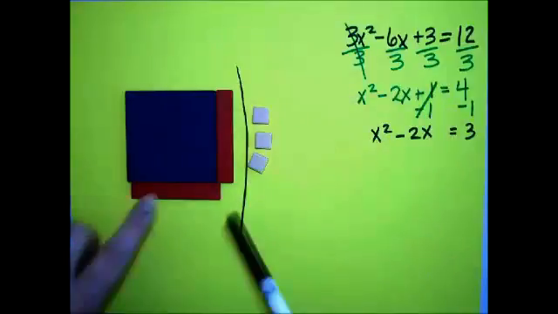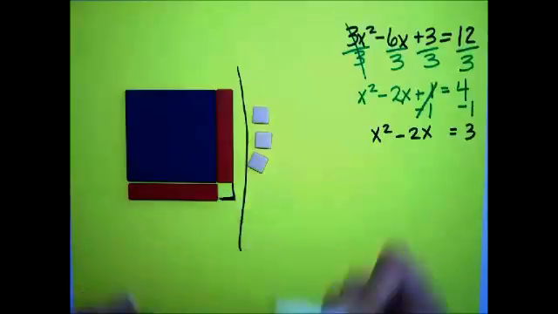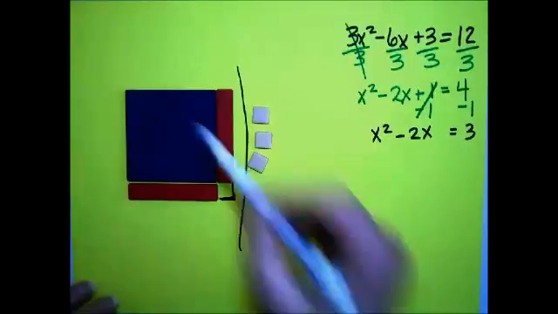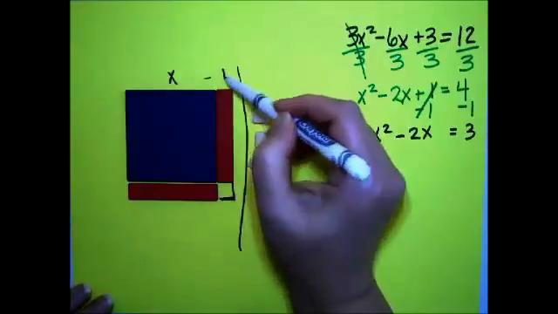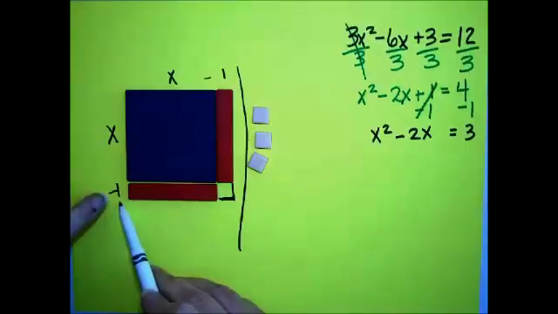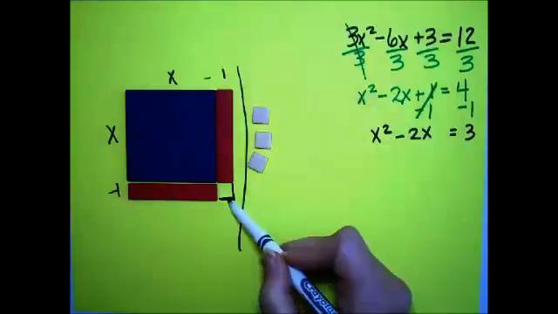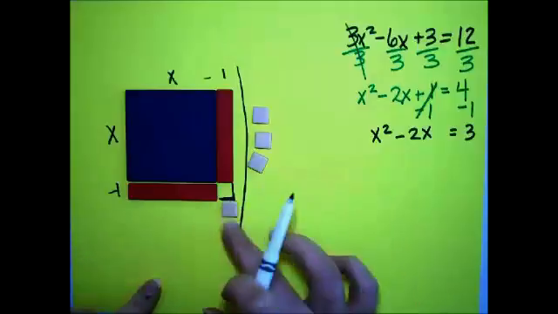Now to complete this square here, what do we need to add to that side? Well, to verify that, we've got x minus 1 and the length of x minus 1. Minus 1 times minus 1 makes this a plus 1. Just right.